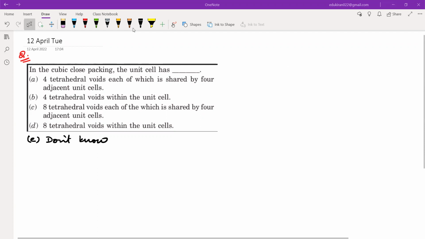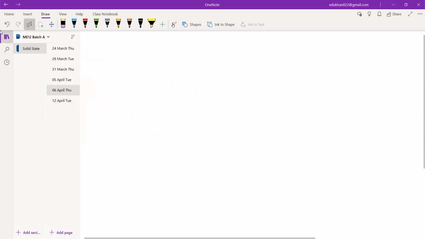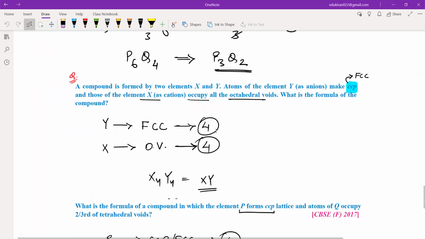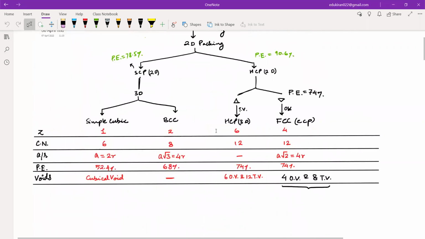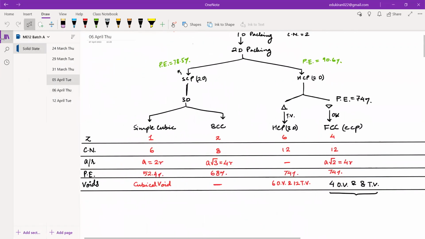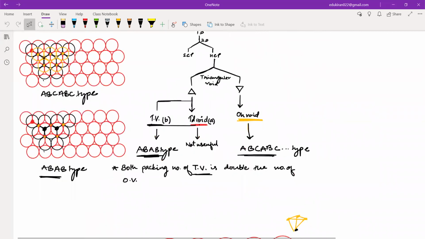Now, from here, I can also discuss one more point. For that, I will take the FCC lattice that we have done in the previous class. Okay.